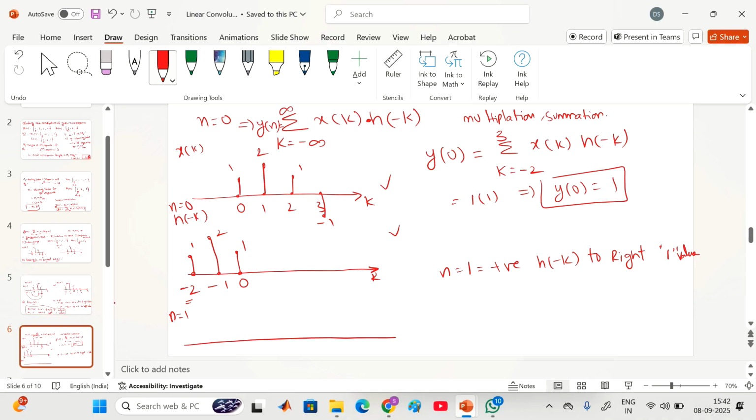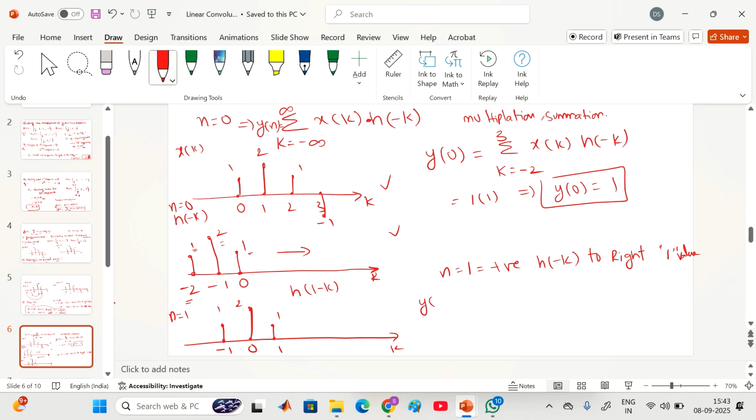Now if I shift h of minus k to the right side, I will get indices minus 1, 0 and 1. It is the same sequence 1, 2, 1; just the index values are shifted and the remaining amplitudes are the same. So this is called h of 1 minus k, h of n minus k.